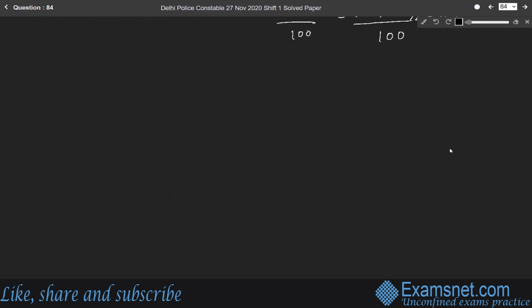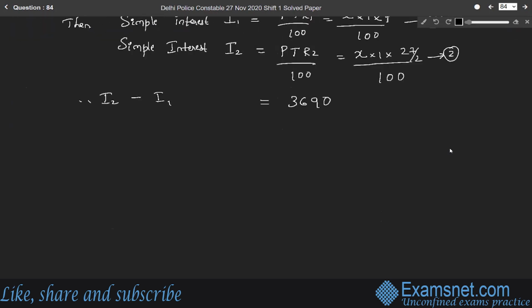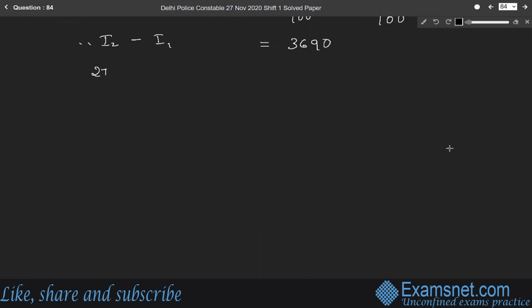Therefore, I2 minus I1 is 3690. What is I2 here? I2 is 27x by 200.